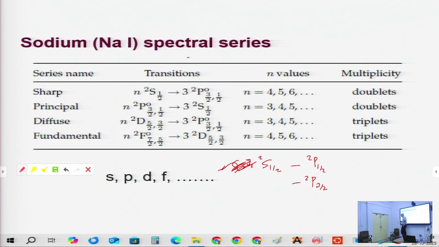So you get two possible transitions. These transitions are not the same intensity. They're actually weighted by 2J plus 1.